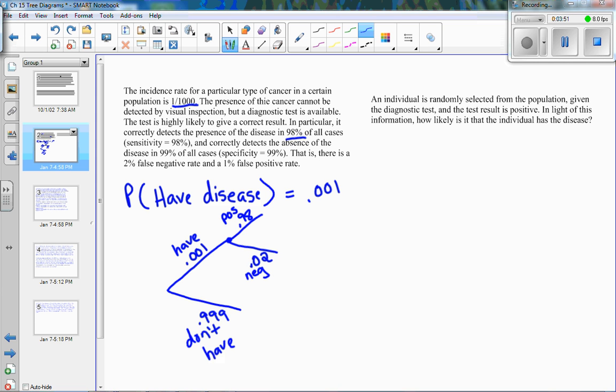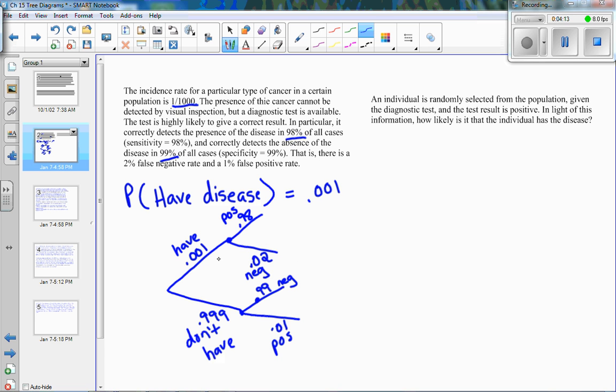If you don't have the disease, remember we were told there's a 99% chance that you test negative, because that would be a correct test result, and that would leave a 0.01 chance that you test positive.